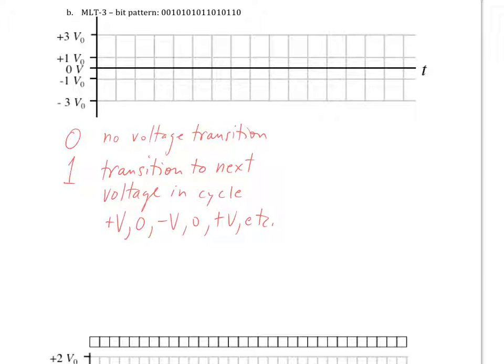And so we're interested in drawing this picture here for some bit pattern, and it looks like I have the same number of bits as I do have bit periods here. So there's 1, 2, 3, 4, 5, 6, 7, 8, about 16, so 8, yeah.